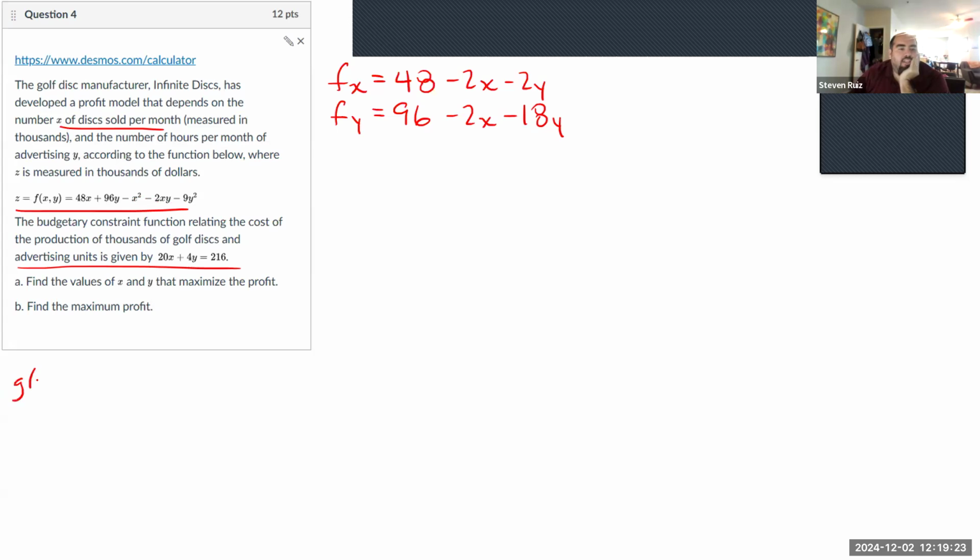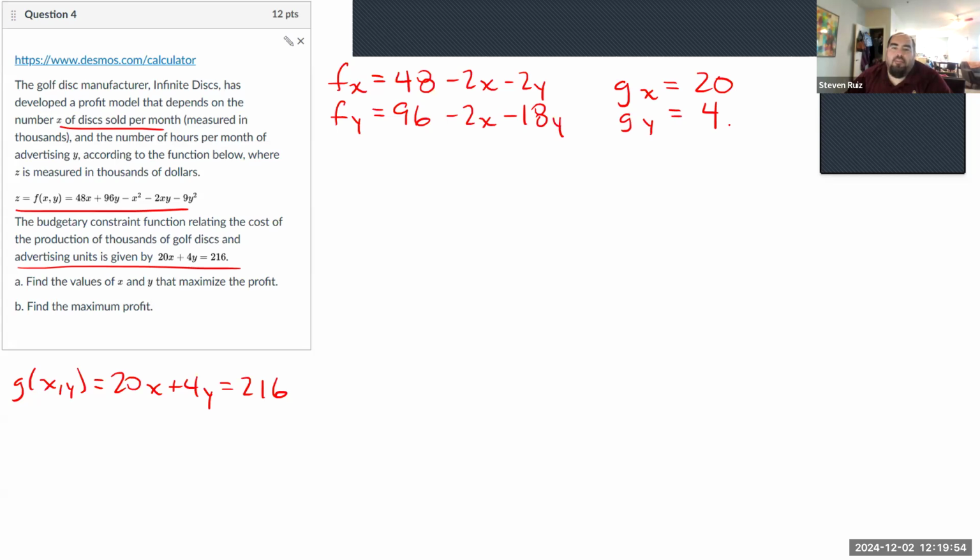So I'll call that g of x and y. That's equal to 20x plus 4y equals 216. I can also take those partials. So the partial of g with respect to x is going to be 20, because everything else in there is either with respect to y or truly constant. And then the partial of g with respect to y is 4.